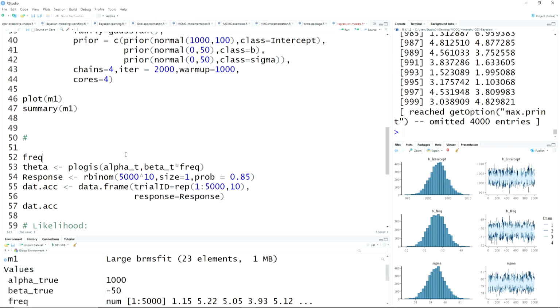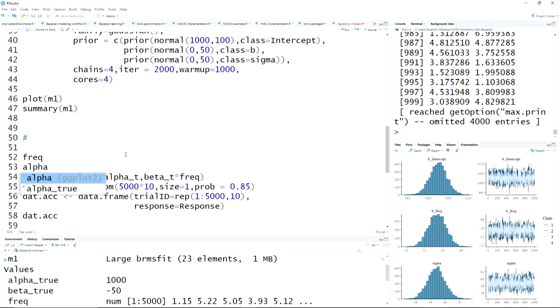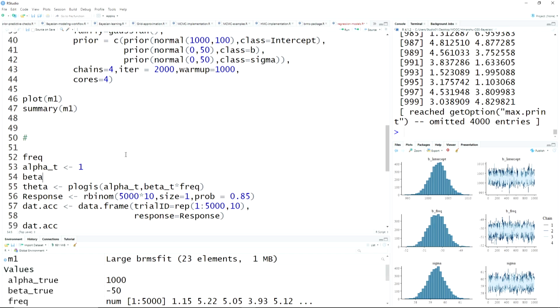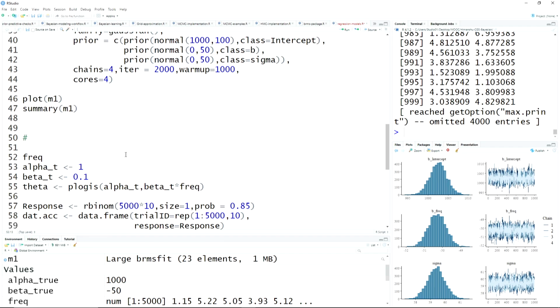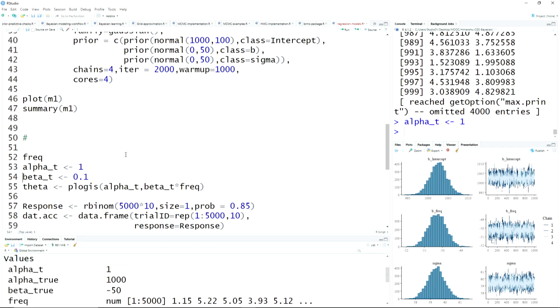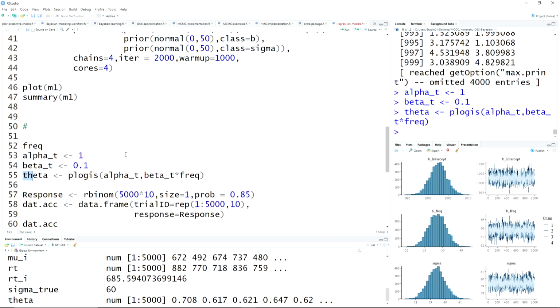But what is alpha_t and beta_t, that you will need to define. So let's say alpha_t is say 1 and beta_t is 0.1. So let's see what kind of theta values I get with this.